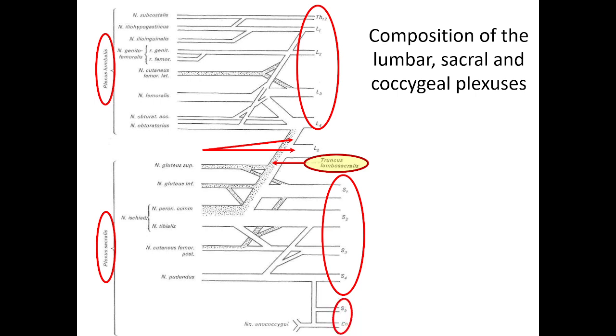And now, in the bottom, we can see sacral 5 and coccygeal. They form nervi anococcygeae.